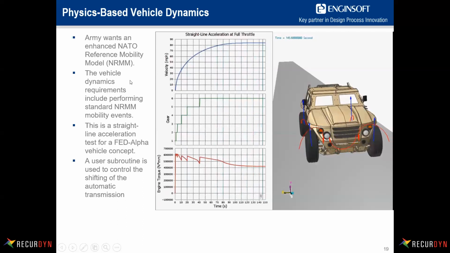So there's actually many different mobility events of interest, and this one is just one of them. And in this case, there's a user subroutine that's used to control the shifting of the transmission, and we'll cover more about that later. Over here on the right, we can see with the vehicle, we're using some force vectors to show torques and vertical forces at the wheel centers.